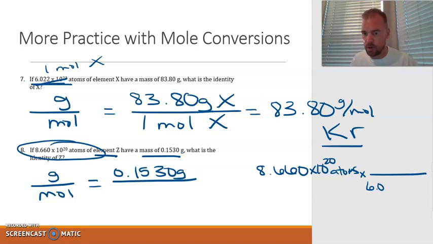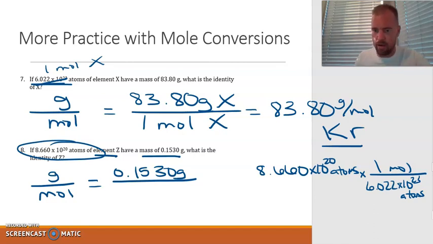So I know that 6.022 times 10 to the 23rd atoms would be 1 mole. So let's divide 8.660 times 10 to the 20th by Avogadro's number, and I would end up figuring out that 8.660 times 10 to the 20th atoms of element Z is the exact same thing as saying 0.00143806.